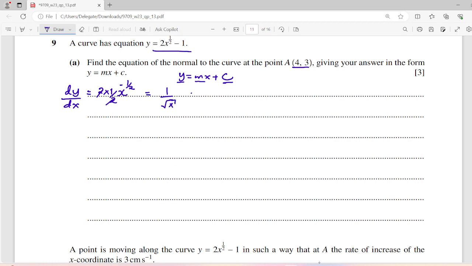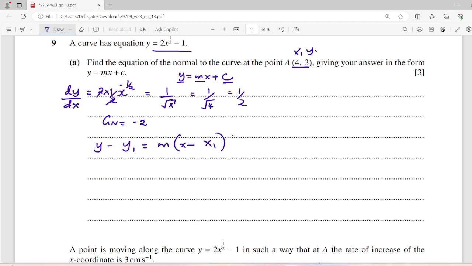I substitute and end up having a half. So this is the gradient of the curve, which is the same as the gradient of the tangent. If I want the gradient of the normal, I take the negative reciprocal, which will be -2. Since we have a point and the gradient, we substitute in this form. I can call this x1 and this y1.